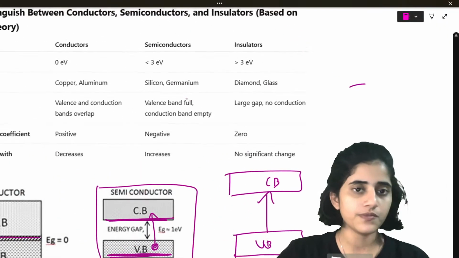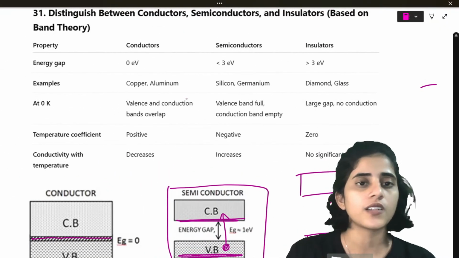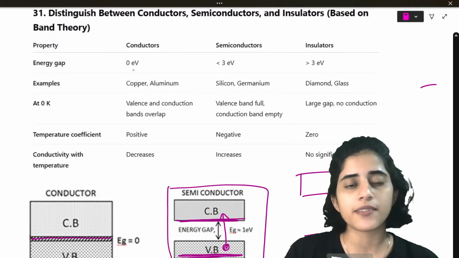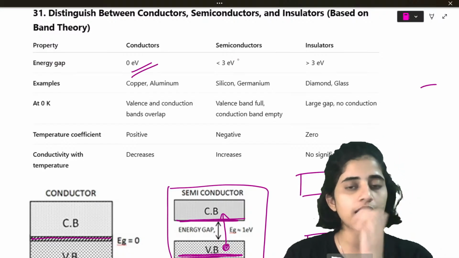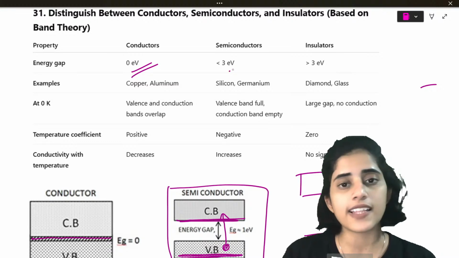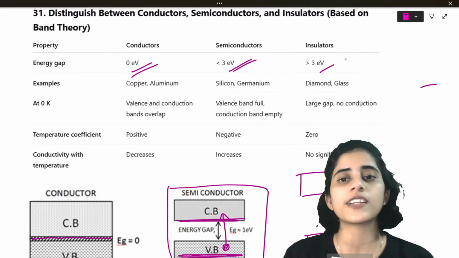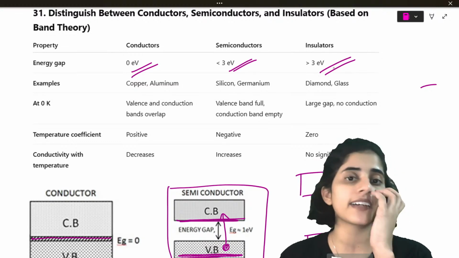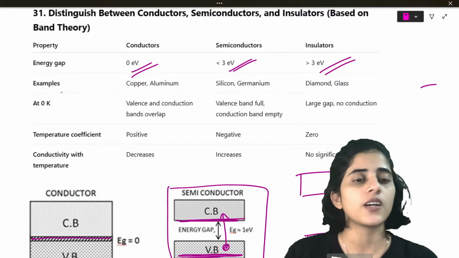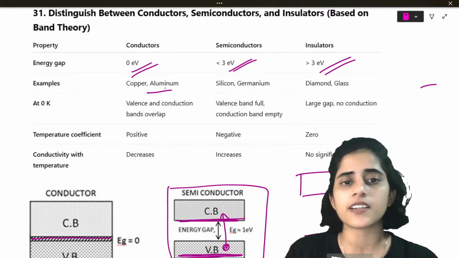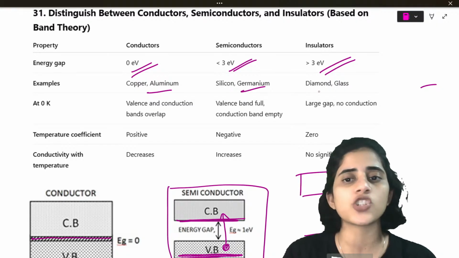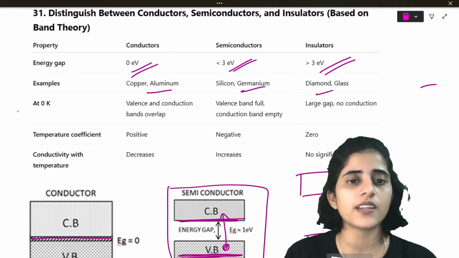For a conductor the energy band gap is 0. For a semiconductor, it's always less than 3 electron volt. For an insulator, it is greater than 3 electron volt. Examples: copper, aluminium, silicon, germanium, diamond, glass and so on.